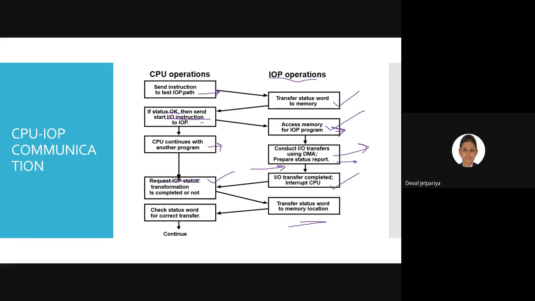And that status report and that updated memory location information will again be sent towards the CPU. So the CPU will determine whether the IO operation was successfully completed without error or not, and it will transfer this status. Okay, if there is some new process, then you may continue with that new process.